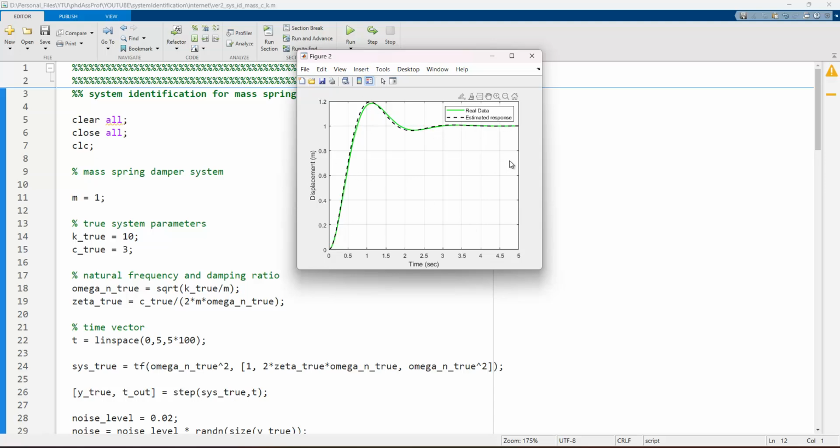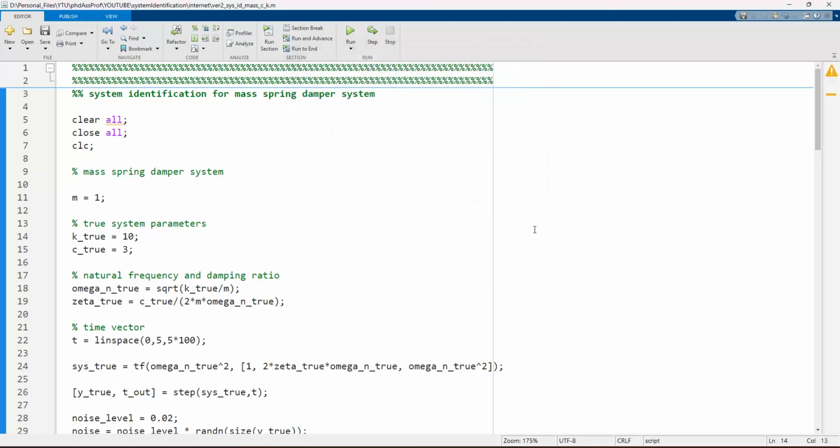See, this is an automated algorithm for the system identification of the mass spring damper system for unknown C and K parameters. You can easily use these techniques in real-time applications or on measured data, guys. Okay, so that's all for the system identification for the first order and the second order systems.